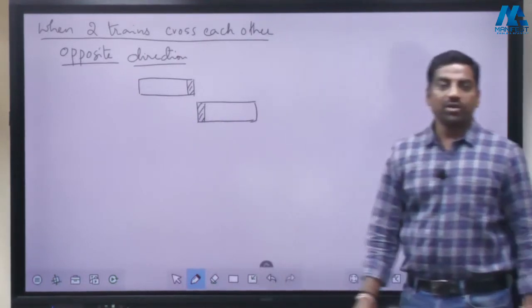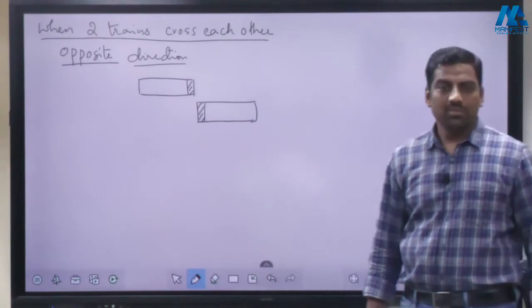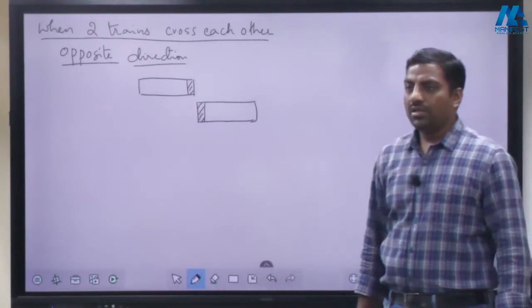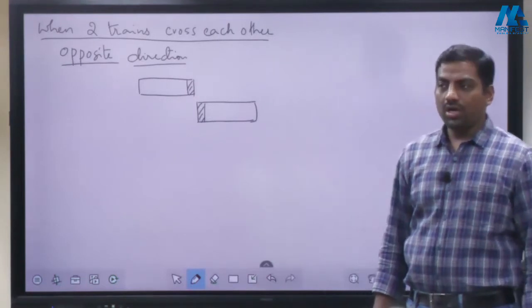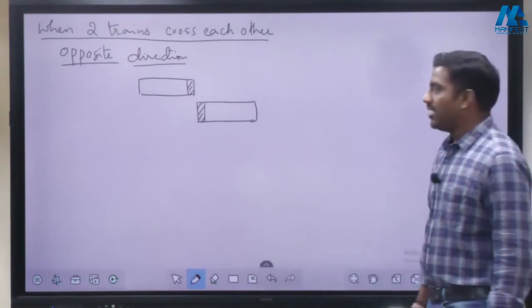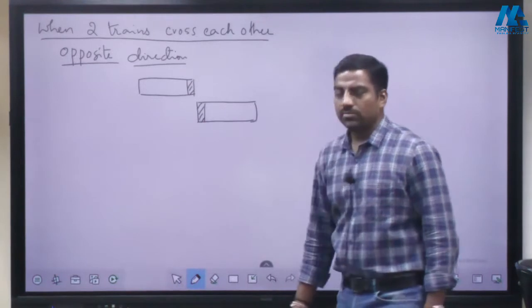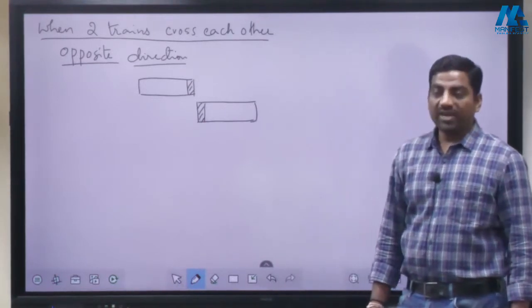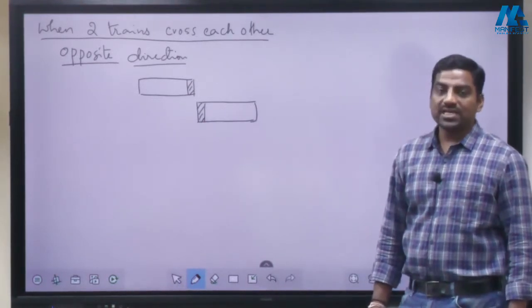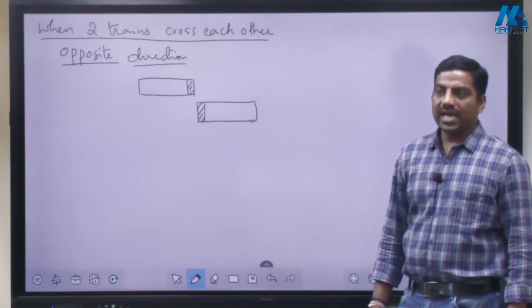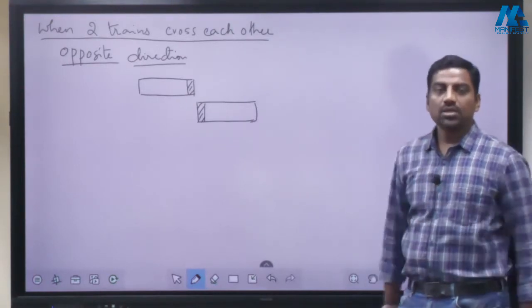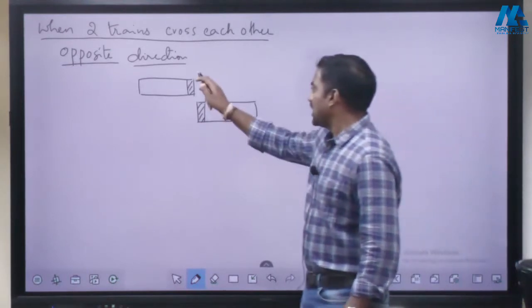And again, I have given you the assignment to calculate the time when they will cross each other. When will you start the stop clock? When both the engines have approached, or when both the engines have just crossed. So here we will start.